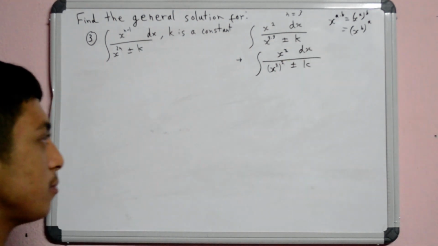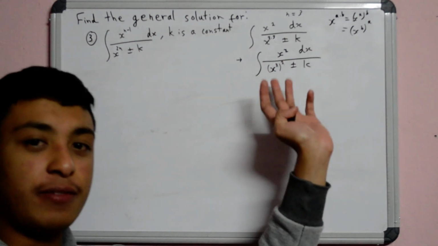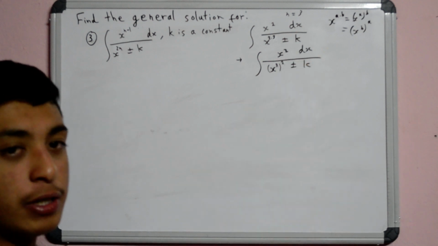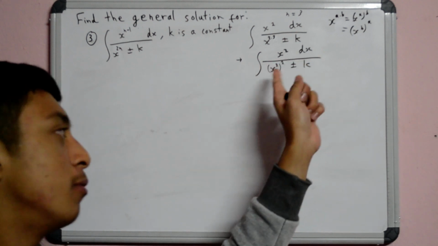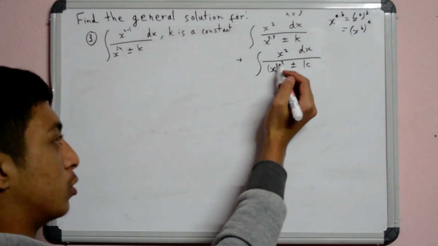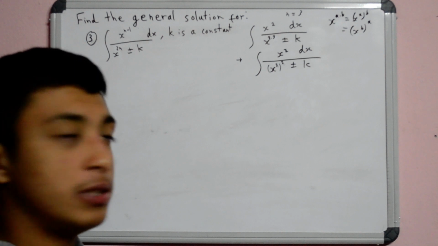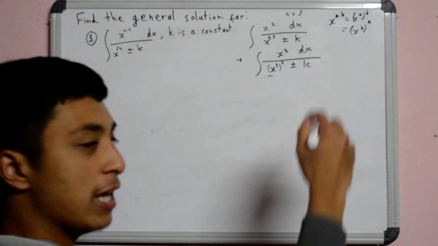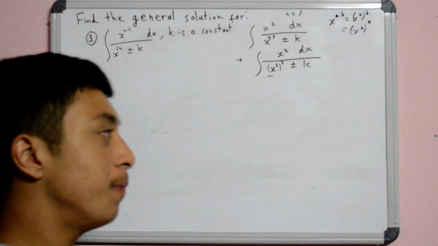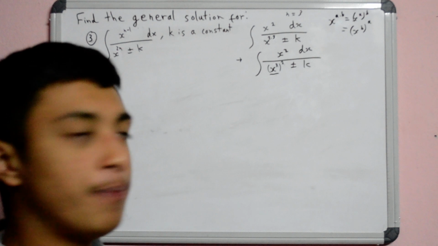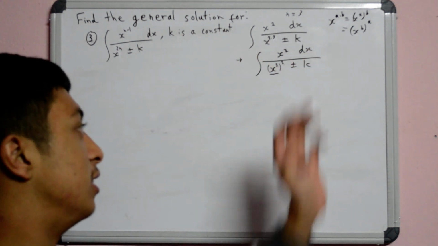Now, this is kind of like in the previous video where the power of the numerator is just one off from the power of the denominator. But the difference here is that this is in the whole square form. But in this case, instead of choosing the whole denominator as your substitution, you just let this part inside the bracket be the substitution, and this integral will go very nicely.